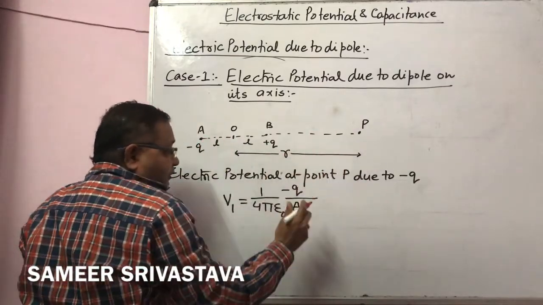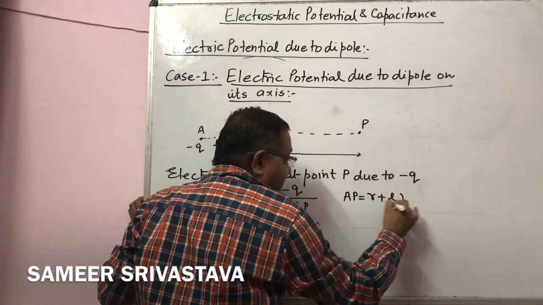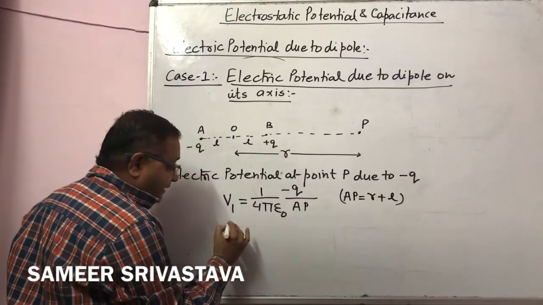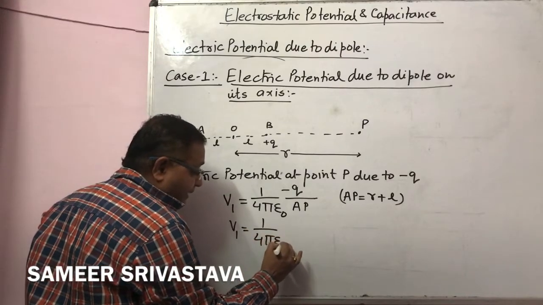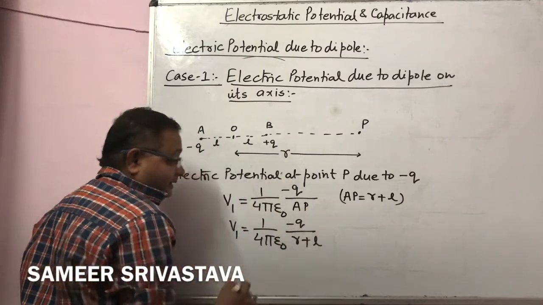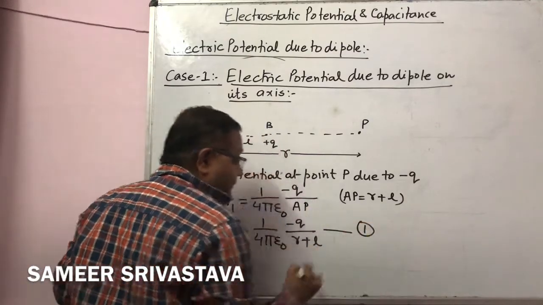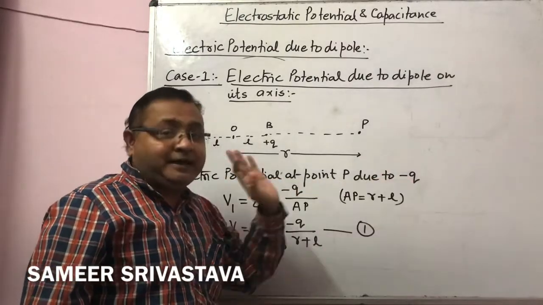So total value is r plus l. So AP is r plus l. Put the value of AP here. Now we can write V1 equals 1 upon 4 pi epsilon naught, minus q upon r plus l. This is equation number 1, the electric potential at the point P due to minus charge.